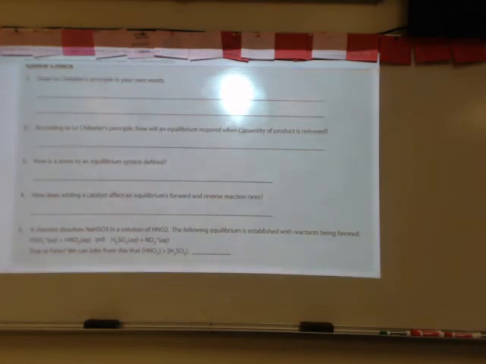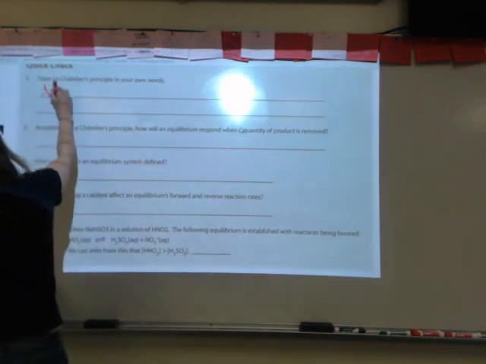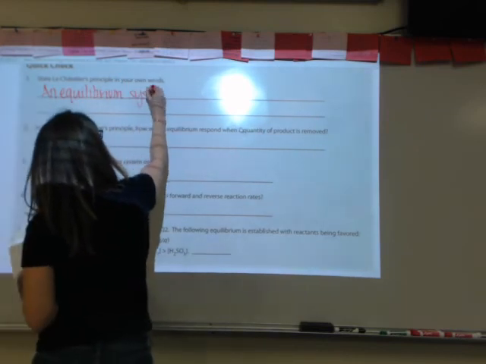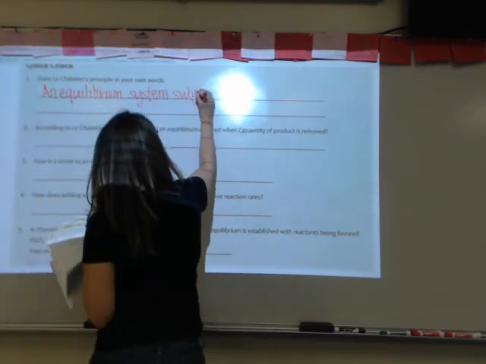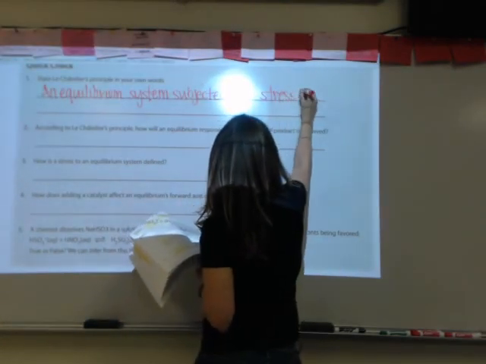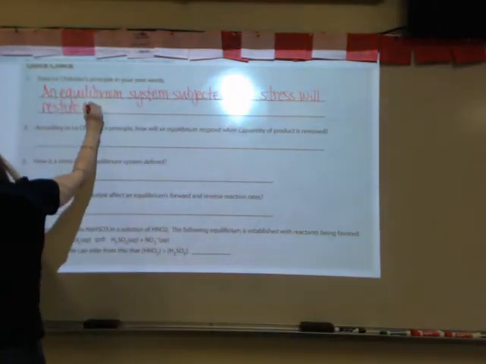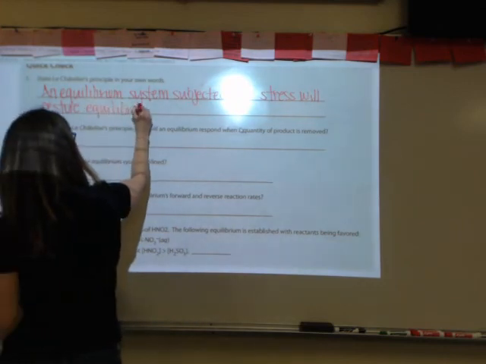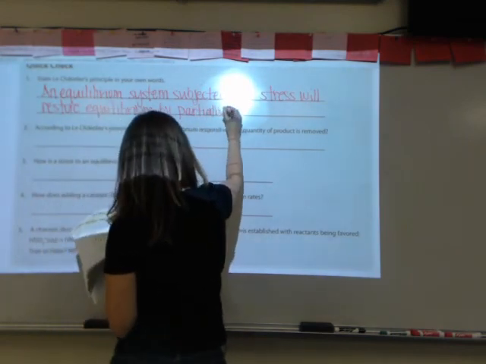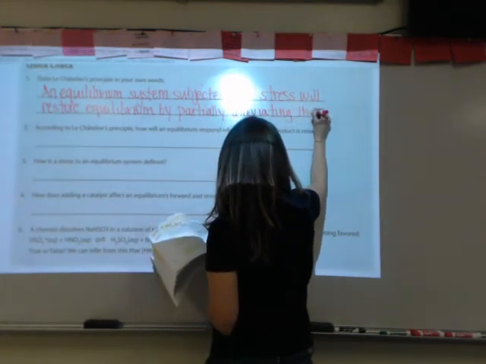It says, state Le Chatelier's principle in your own words. Well, an equilibrium system subjected to stress will restore equilibrium by partially alleviating the stress.